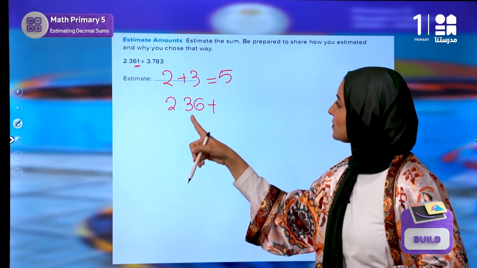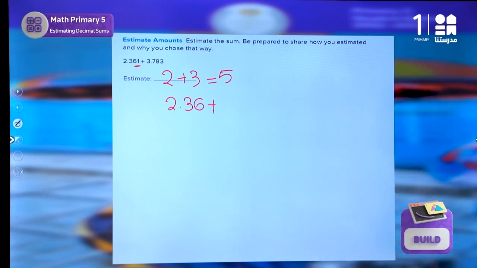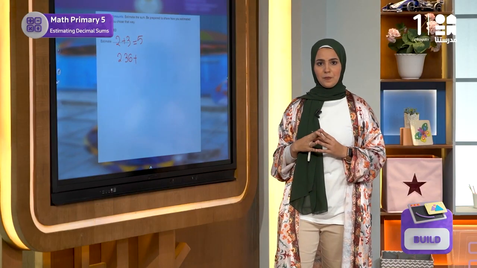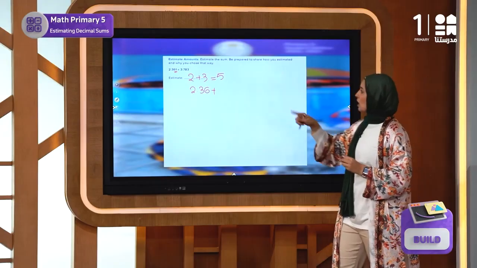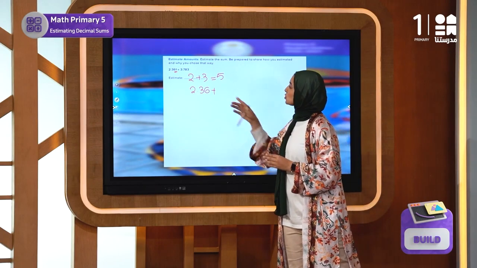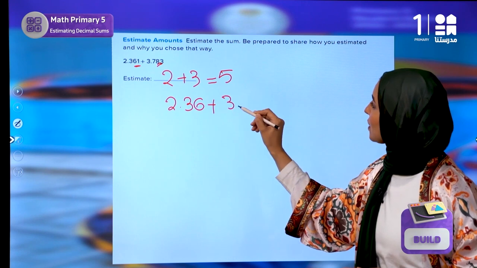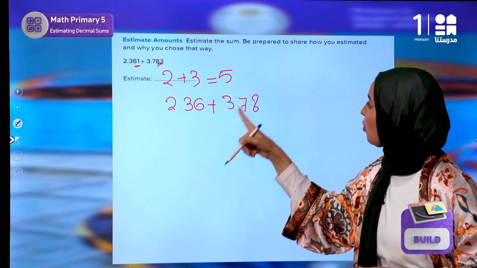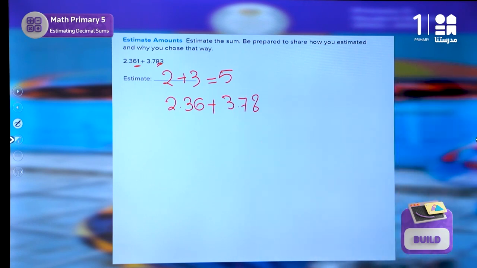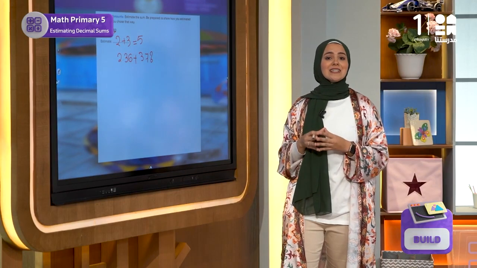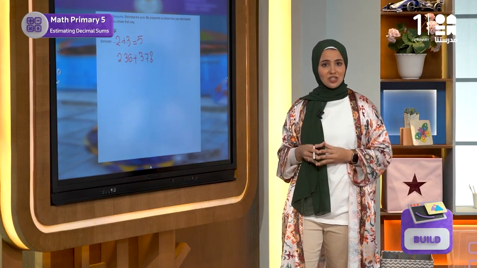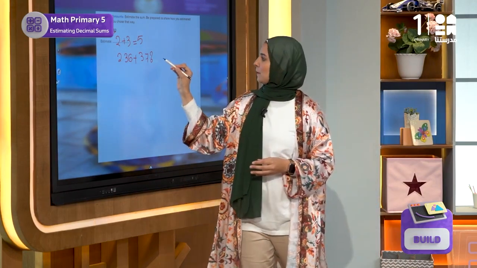So, it's 2 ones and 36 hundredths. Now, the other number, what happens when we round to the nearest hundredth? It's going to be 3.78, which is 3 ones and 78 hundredths. Now, when we check, the estimation is 6.14.